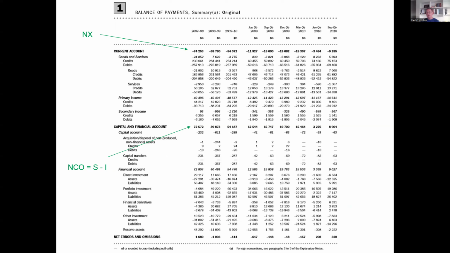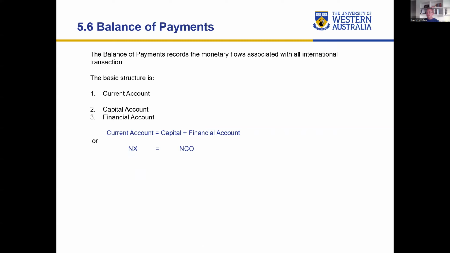There's small errors, but they're tiny. Now, who cares about those errors? S minus I apparently does equal NX. Once again, this is going to take a little bit of time to wrap your head around. S minus I is NCO. NX is just NX.